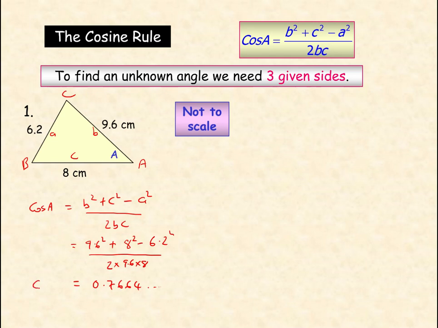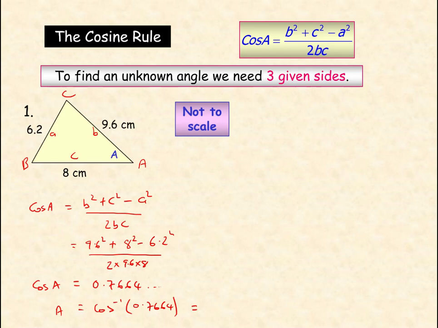But that's cos A. To find A on its own, you find cos to the minus 1 of 0.7664. So that's going to be shift cos, answer, close brackets. You get 39.96.